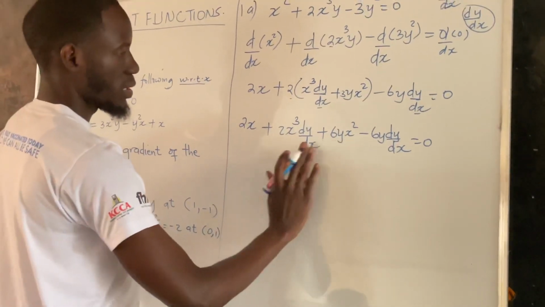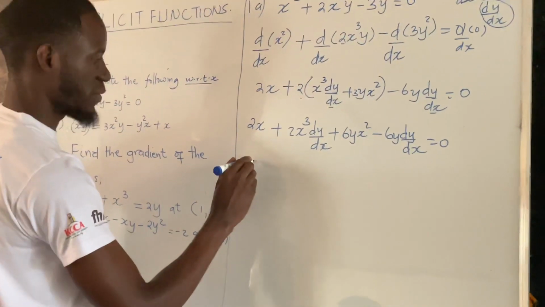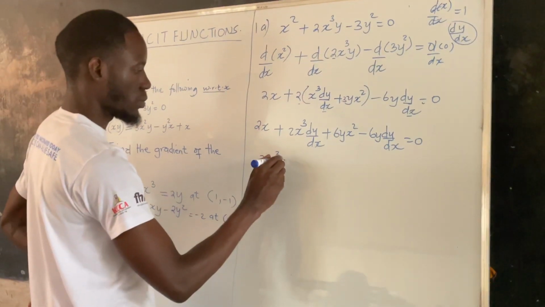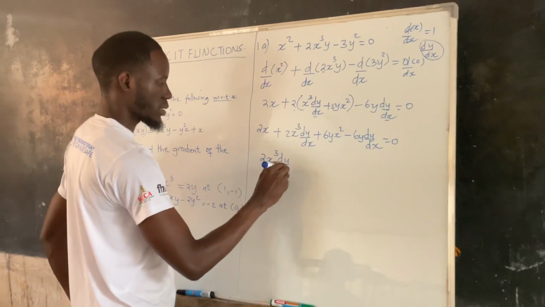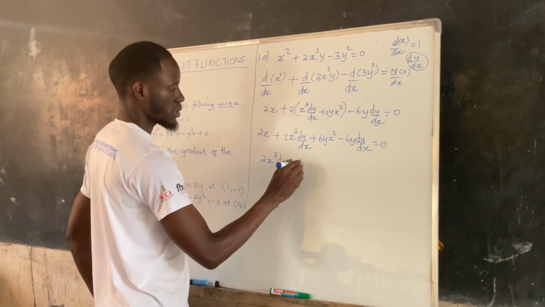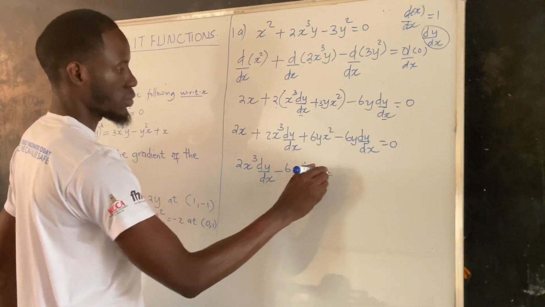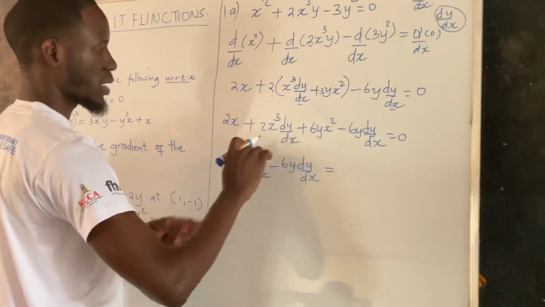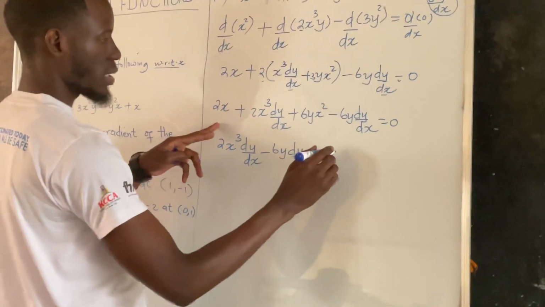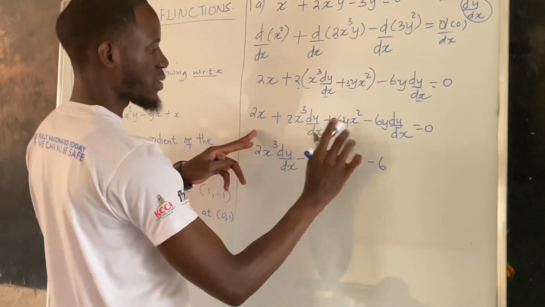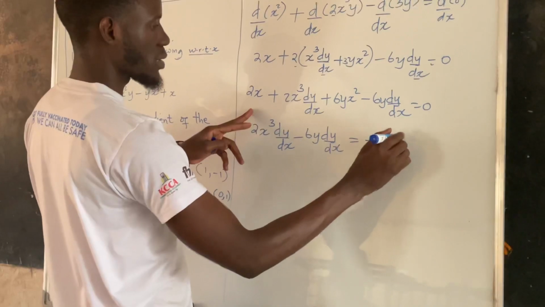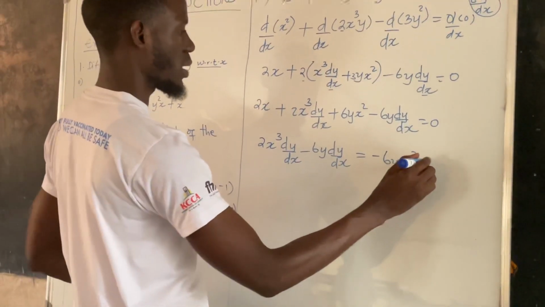I have a dy dx for this and this, so I can have it as 2x cubed dy dx minus 6y dy dx is equal to, now these ones that are not having dy dx, I put them on the right hand side, so it becomes a negative 6y x squared, then minus 2x.